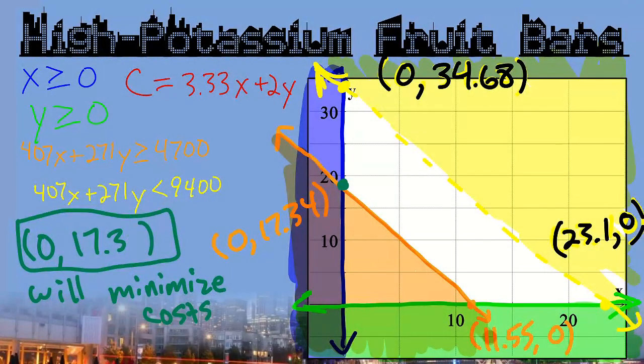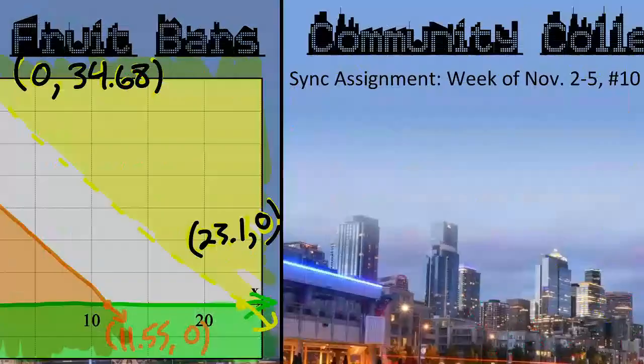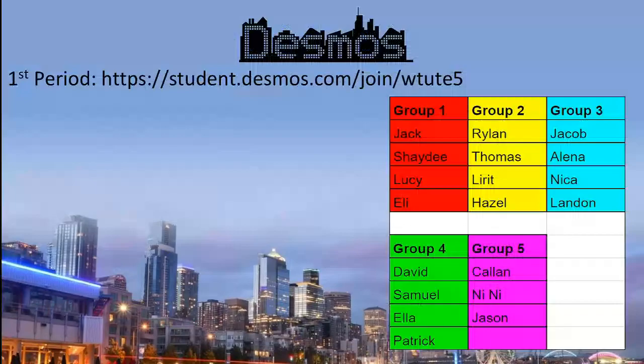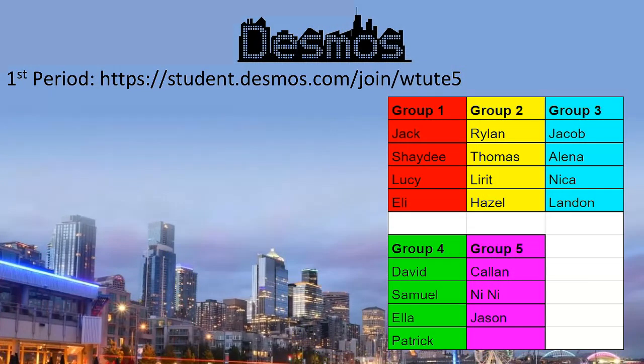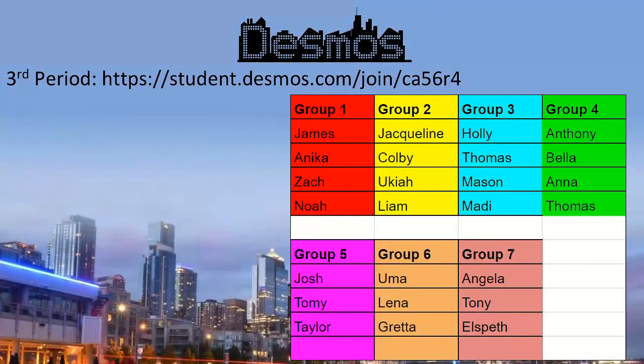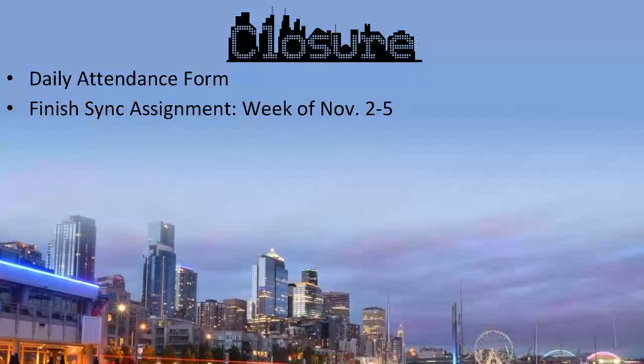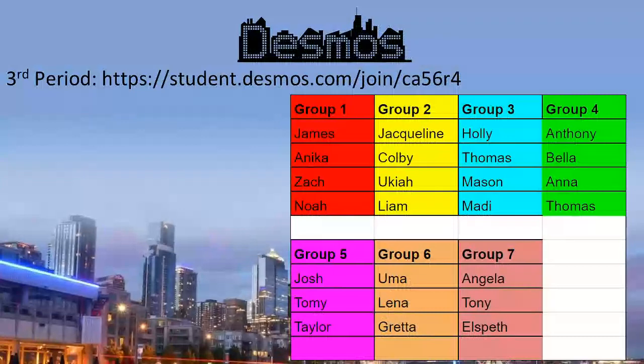So I'd like you guys to work on that Desmos, and I'll make some breakout groups for you. You can go into those breakout groups and chat, work together, and when you're done with that, you'll need to finish your synchronous assignment and also do your daily attendance form.